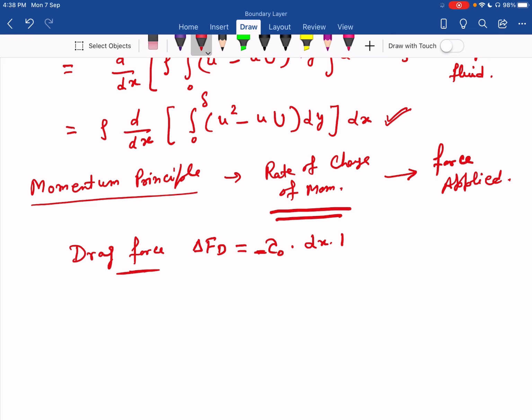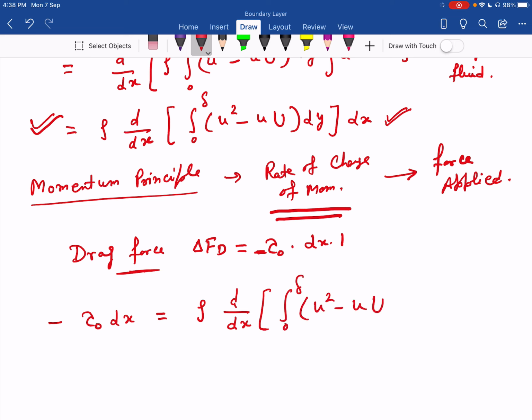So I can write minus tau O dx is equal to rho times the rate of change of momentum, d by dx of 0 to delta u square minus u capital U dy into dx. So from here you can find out tau O.